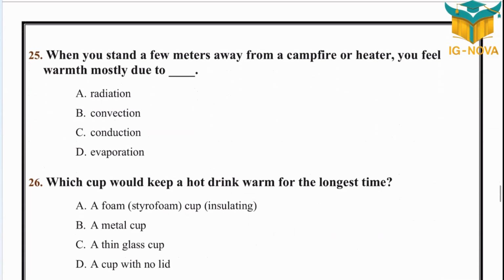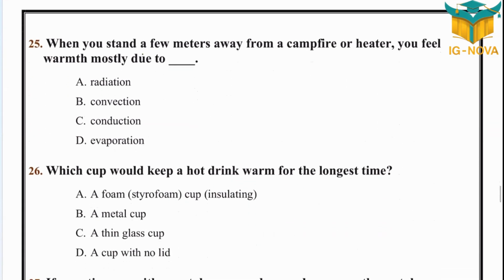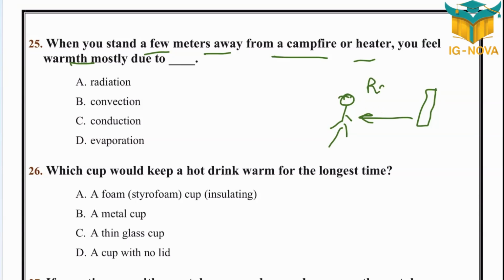Question 28. When you stand a few meters away from a campfire or a heater, you feel warmth mostly due to... if you have a heater or a campfire and you stand here, heat will transfer at the same level by radiation.